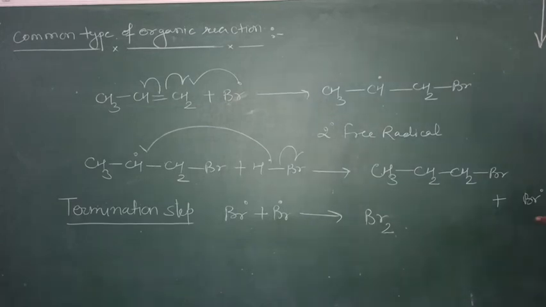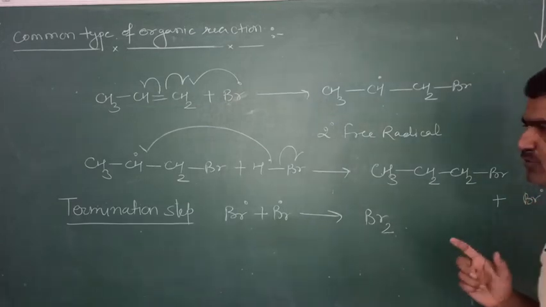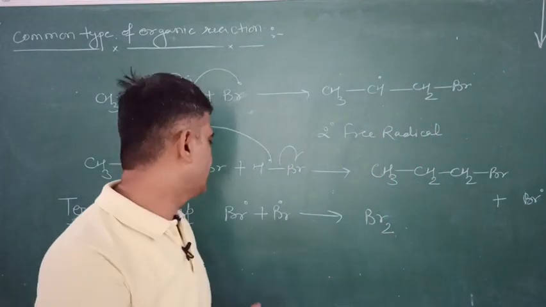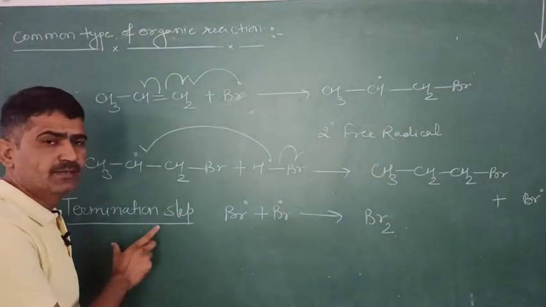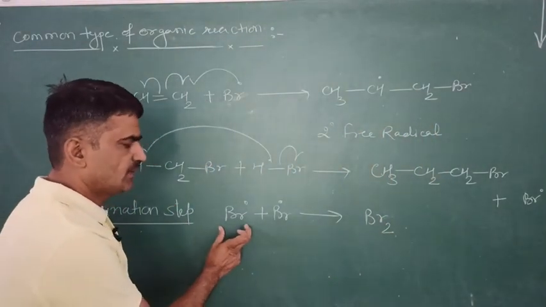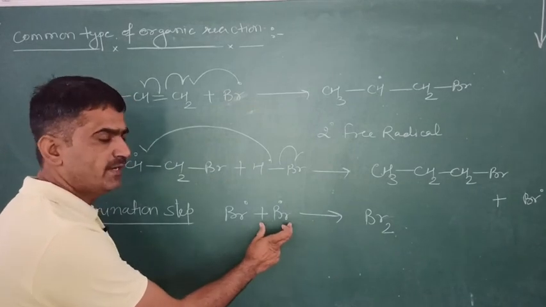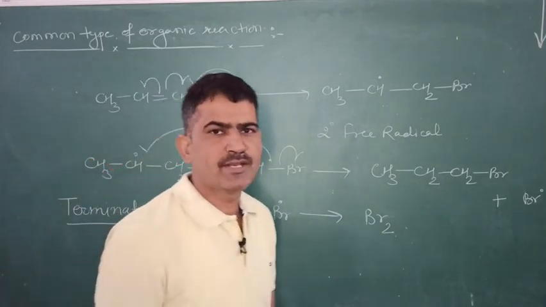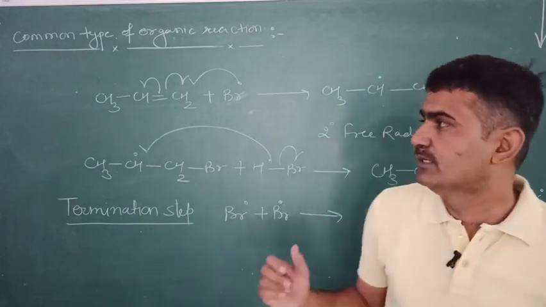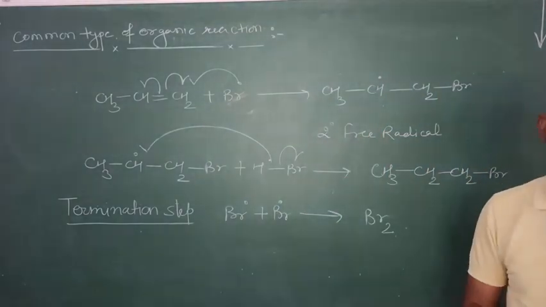Now students, the bromine free radical is produced now. We reach the third step, that is known as the termination step. In that a bromine free radical joins with another bromine free radical and changes to bromine gas. This is the free radical addition reaction.